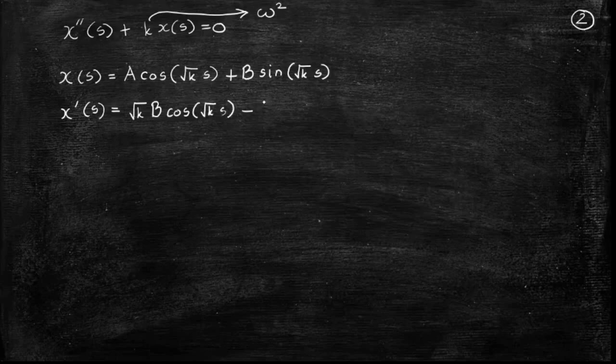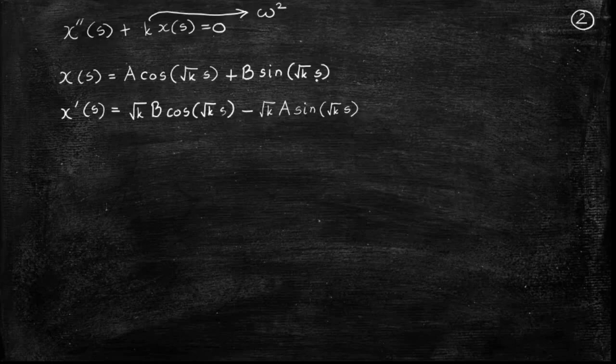So minus root k times a sin. Differentiation is with respect to s, which I hope you remember. X prime is basically dx by ds.